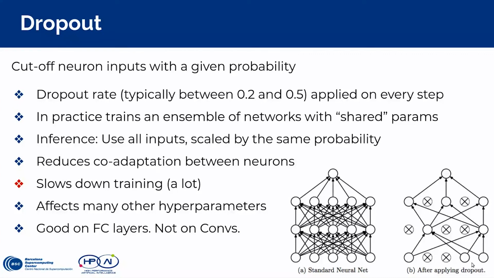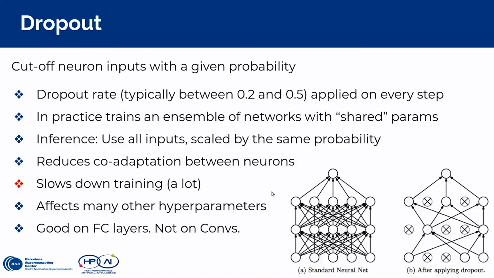So every time you do a step, the topology of the network will be slightly different, and the neurons available will be slightly different. So co-adaptation will be much harder. It will be very difficult for neurons to learn that they depend too much on previous neurons, because maybe in the follow-up step they are not connected to this one. So dropout works very well for regularization.